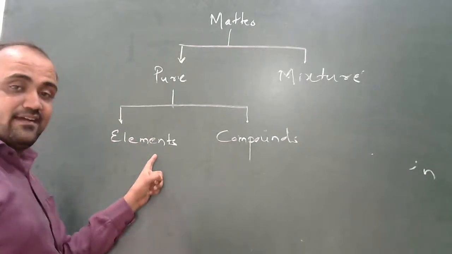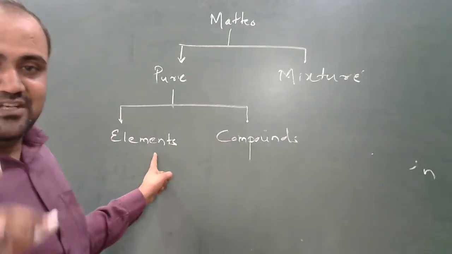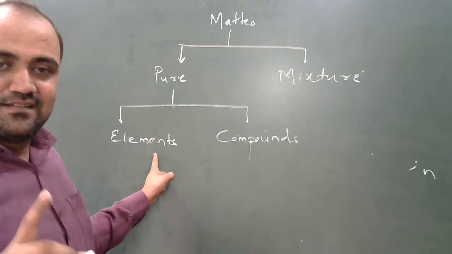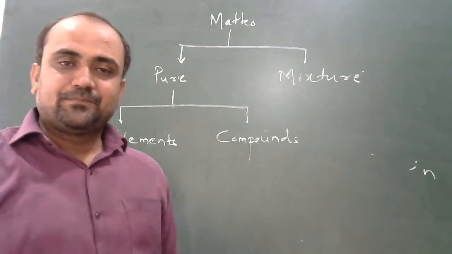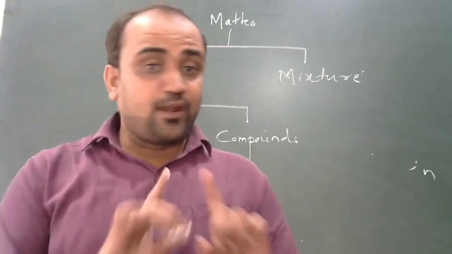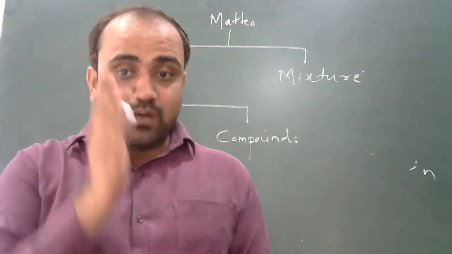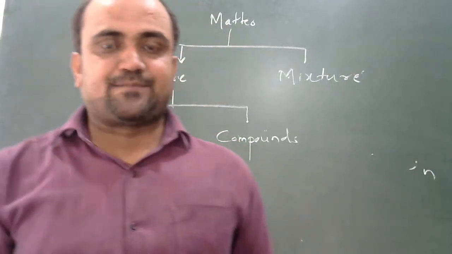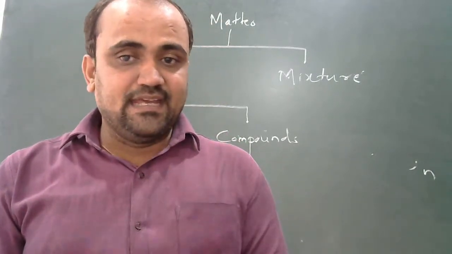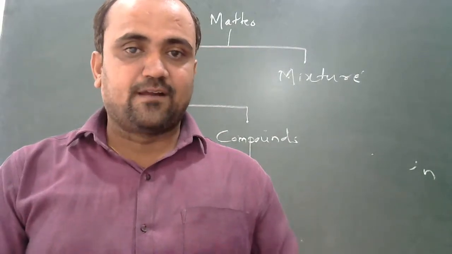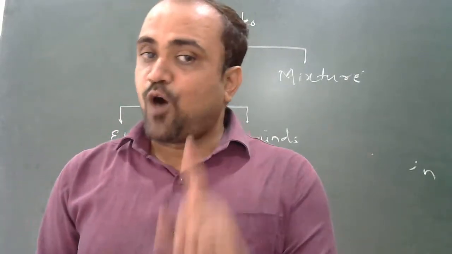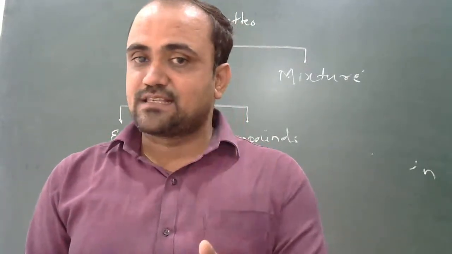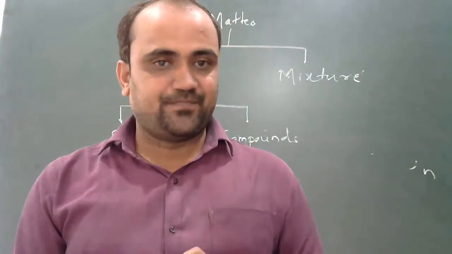And yesterday we gave the definition of elements: the purest form of matter, which cannot be split into two or more simpler substances by any physical or chemical process, that was an element.